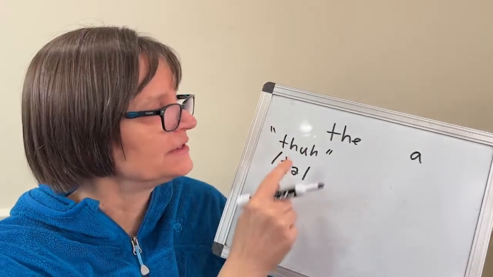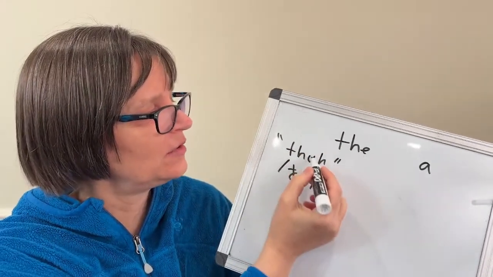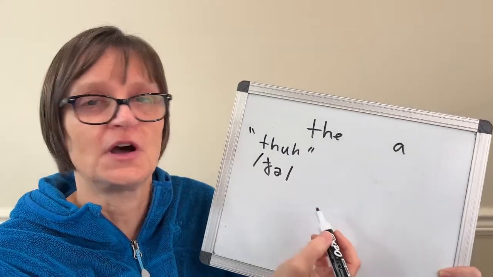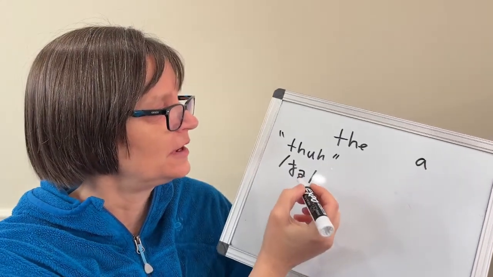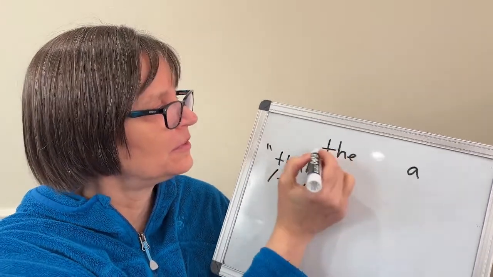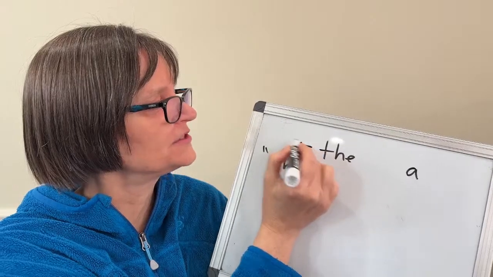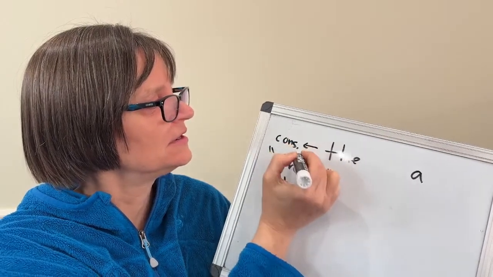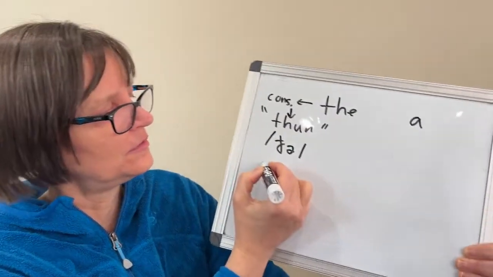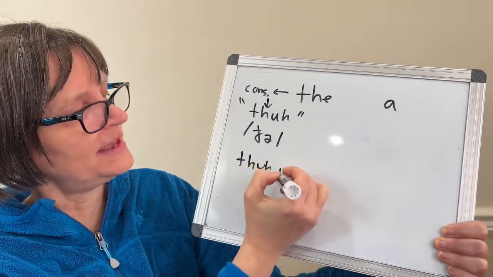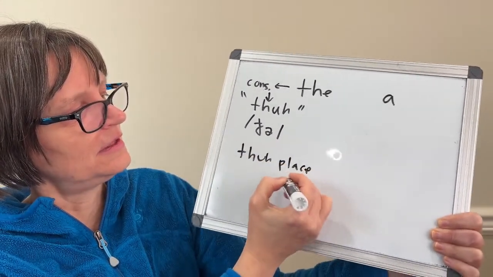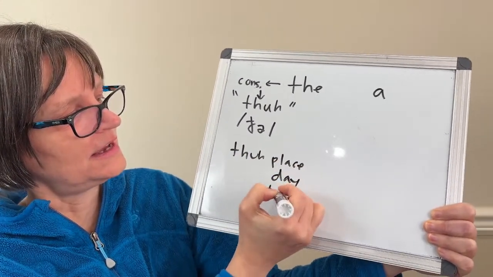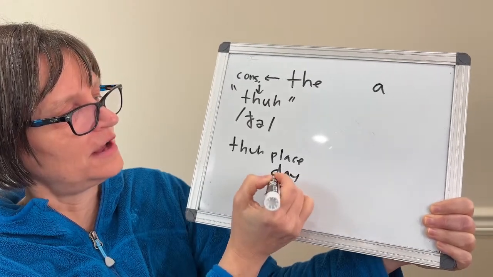The rule is we say this when the next word starts with a consonant sound. So "the" plus consonant equals "thuh." Our examples, the place, the day, the time, all of these have consonant sounds.